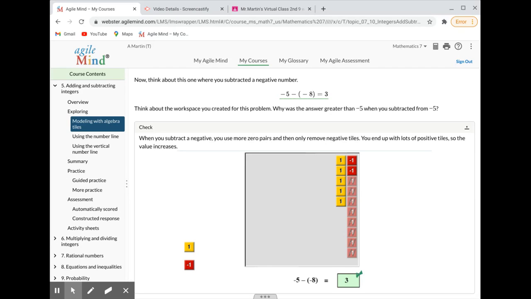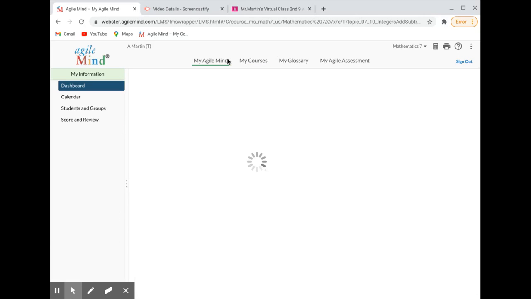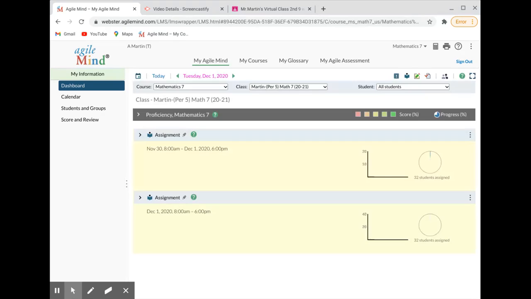Okay. So what we're going to do is I have put an assignment in the computer. Y'all actually did problems 1 through 3 yesterday, but we're going to do problems 1 through 5 for more practice. I already got it in the computer so that you can get credit for it. You're going to click My Agile Mind, and then click Assignment.